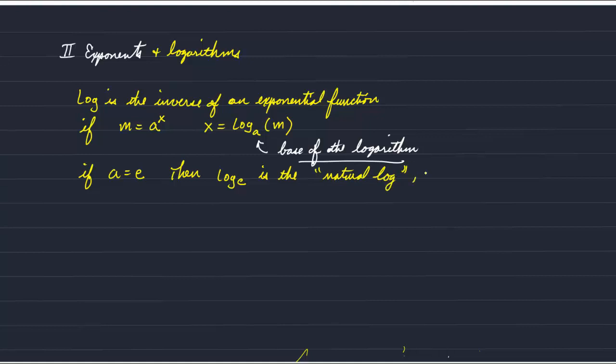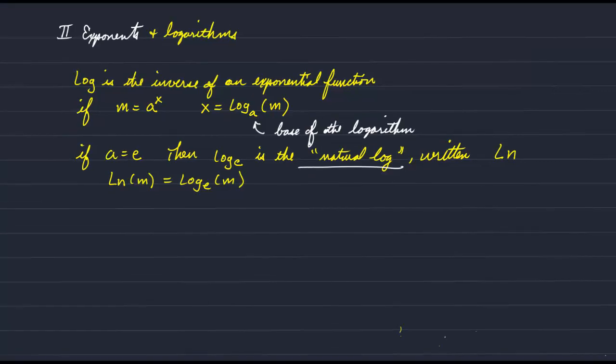And that's often written as just ln. That is, the natural log of m is equal to the log base e of a number, in this case m. So now let's look at some rules of logs.